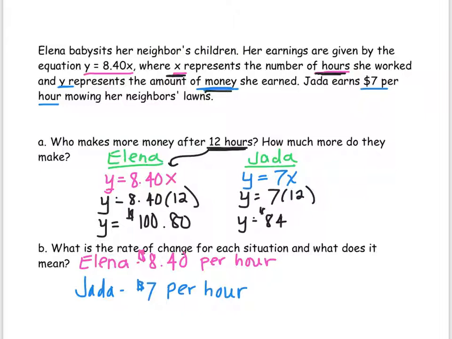So my question, who makes more money after 12 hours? Elena does. And how much more? To figure out how much more something is, I'm going to subtract. So I need to do $100.80 subtract 84.